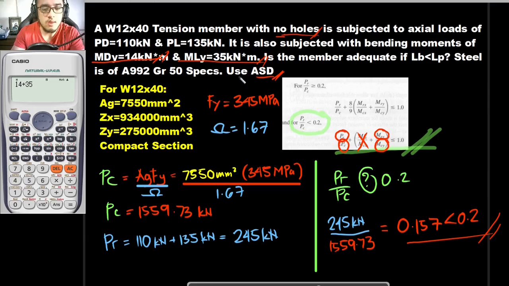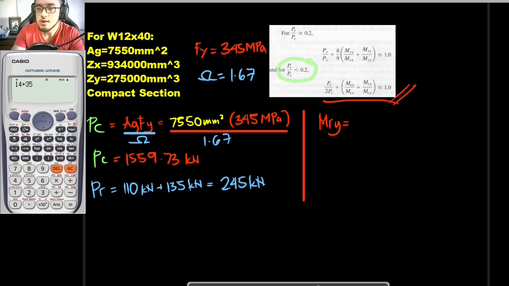So moment about Y, that is the dead load and the live load. So 14 plus 35 is equal to 49 kilonewton meter.